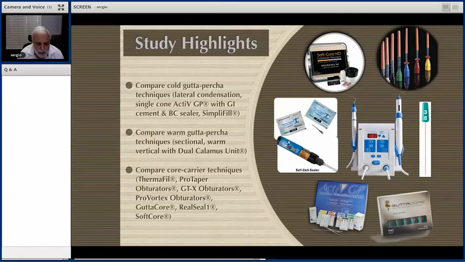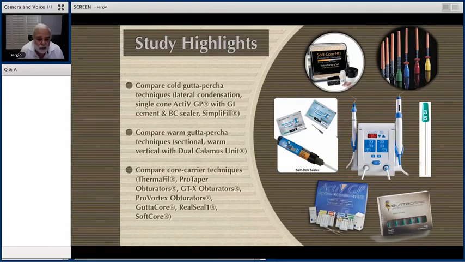Gutta-Core was not included in that study because at that time when we started it, Gutta-Core was not in the market. So we finished the studies and we submitted them, and after I submitted, immediately I called them back because I didn't know that the supplier was launching Gutta-Core, and I didn't want to do a research study only on one material.